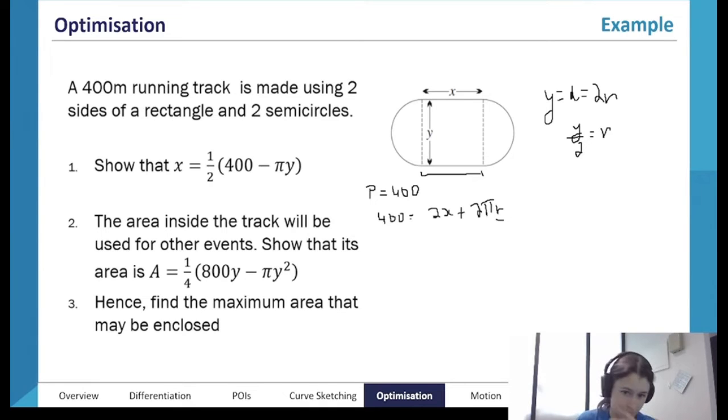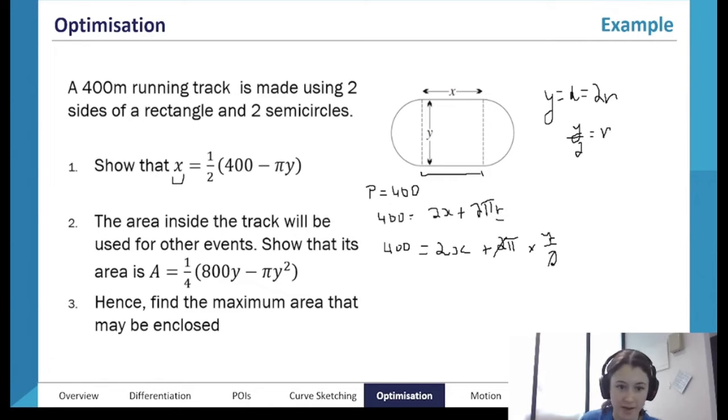So we are going to have 400 equals 2x plus 2 pi times y on 2. So these two 2's are going to cancel out. And now, as you can see, we have a relationship between x and y. We have a pi in there. This is exactly what we want. We just need to rearrange it to get it into the form that they wanted.